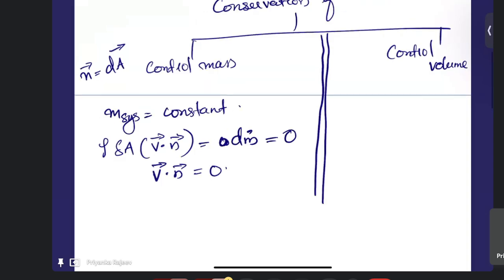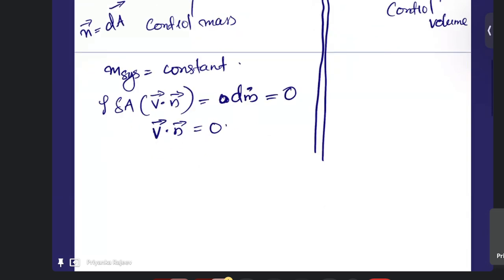So in the control mass system, if conservation of mass is applied, then V dot n, the velocity of the fluid element across the cross section, gives the mass flux, which is equal to 0 across the boundary. That is the basic concept.